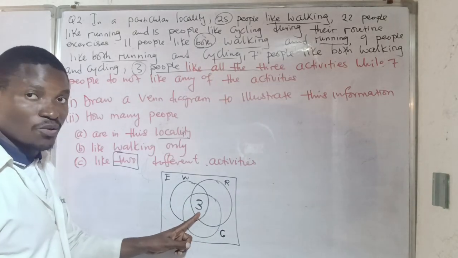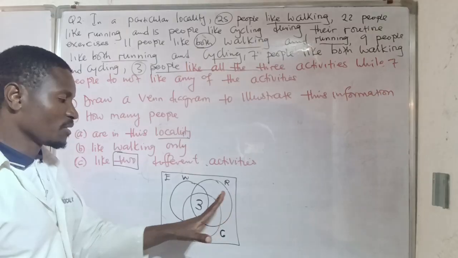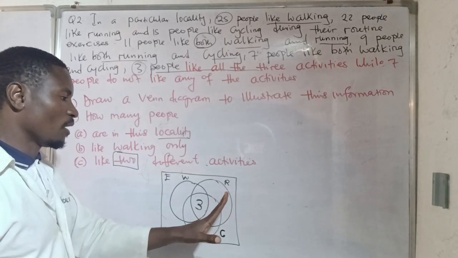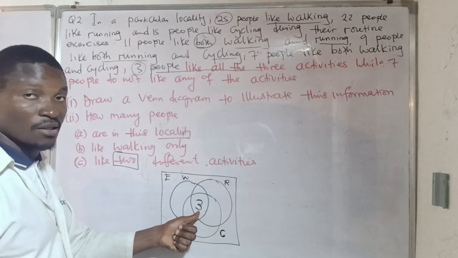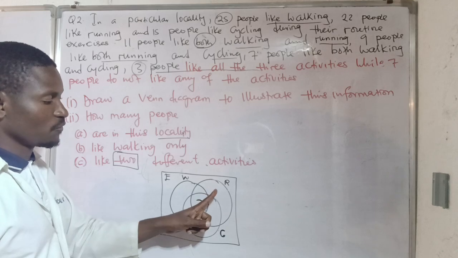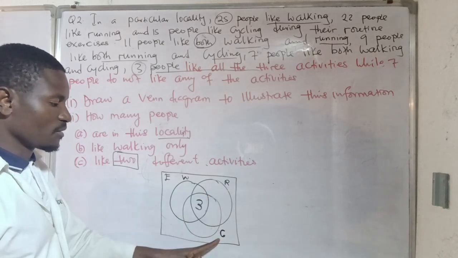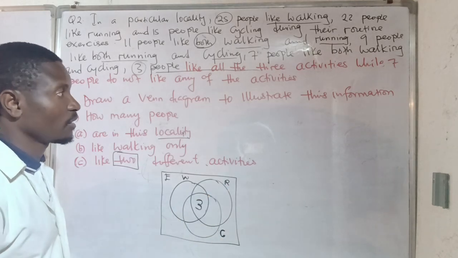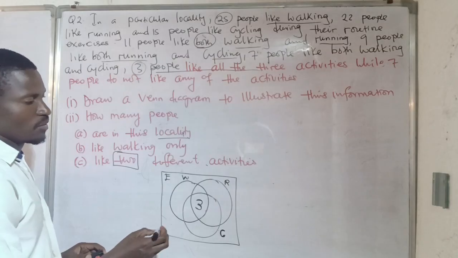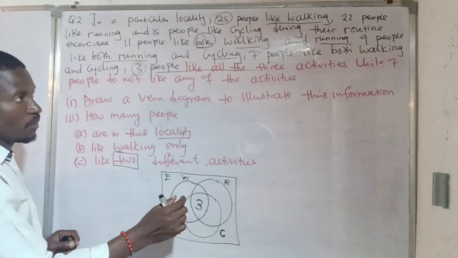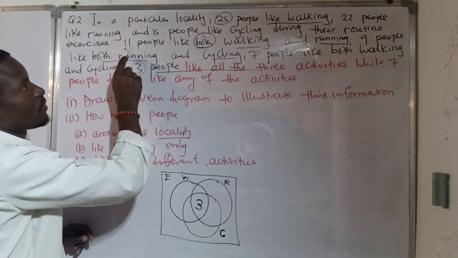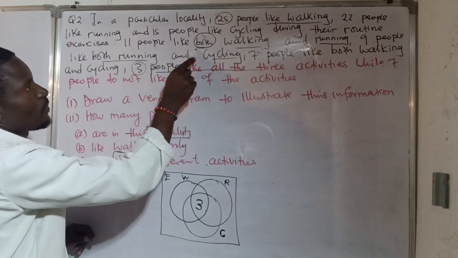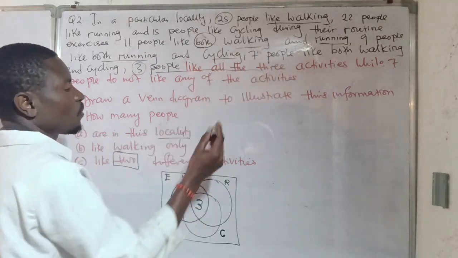Now remember that once you have this, it simply means that whatever you have is included when you look at running and cycling, walking and cycling. We know that 11 people like both walking and running.